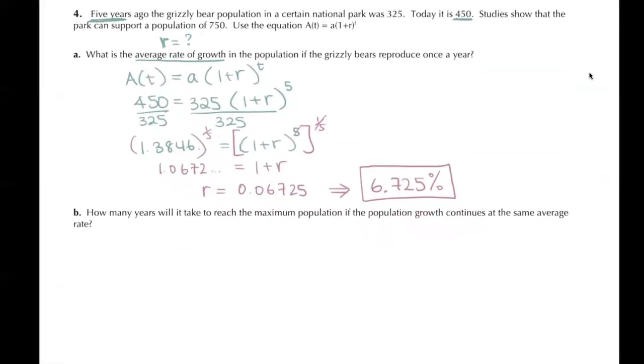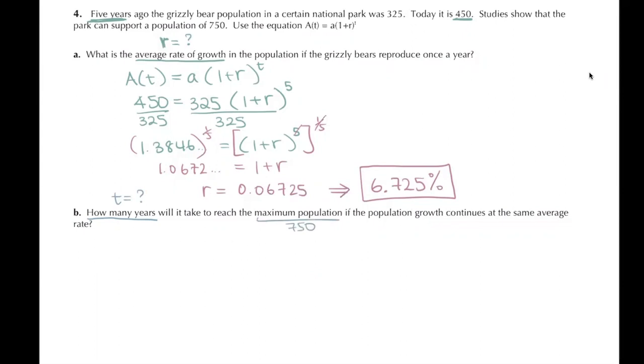All right. Part B, how many years will it take to reach the max population? Okay, so once again, using my strategy of knowing what I'm looking for. How many years? So I'm looking for T. Will it take to reach the max population? All right, and the max population they said was 750 if the population growth continues at the same average rate.